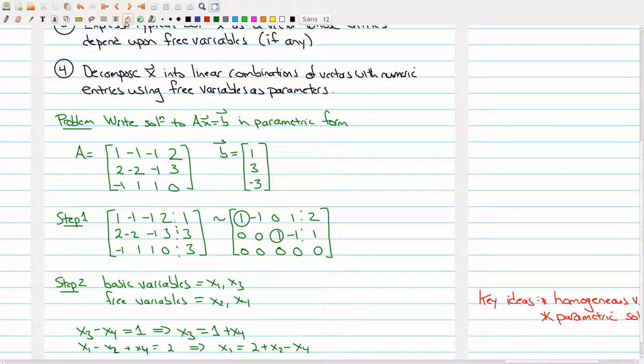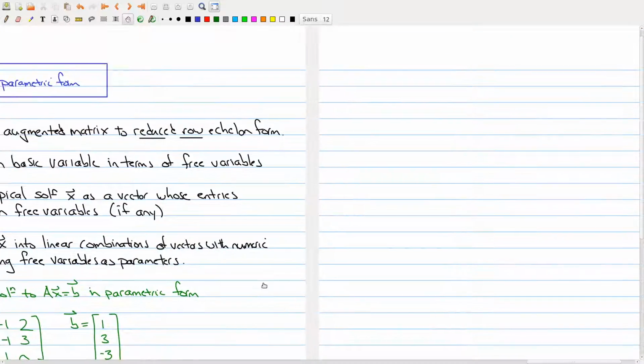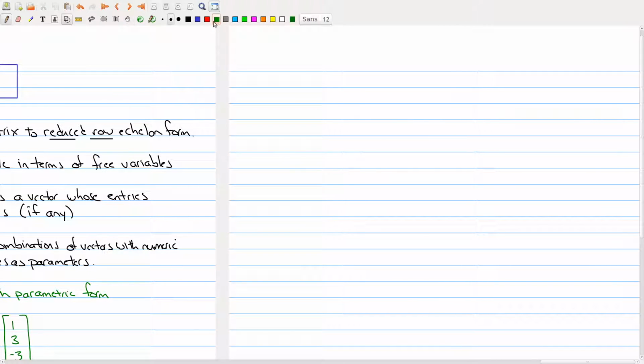Now step 3 is you want to express a typical solution whose entries only depend upon the free variables. Let me show you how to do that. My typical solution is going to be a vector x, and it will have 4 entries, x1, x2, x3, x4.